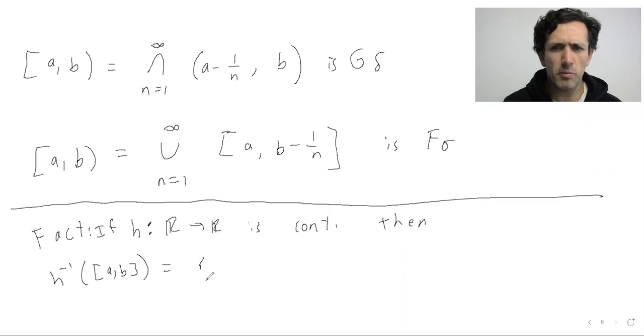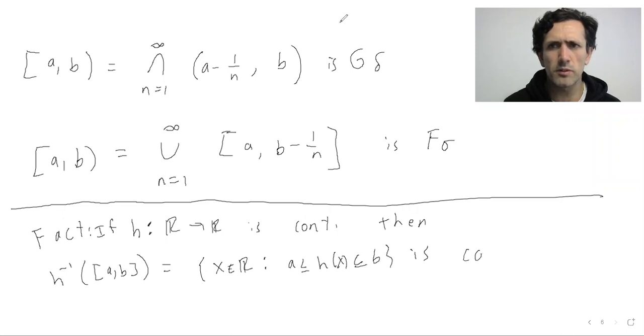I hope I'm not patronizing by writing this out, but just to make sure we're all on the same page. This is just the set of all x in the real line where h of x is between a and b. This is closed.